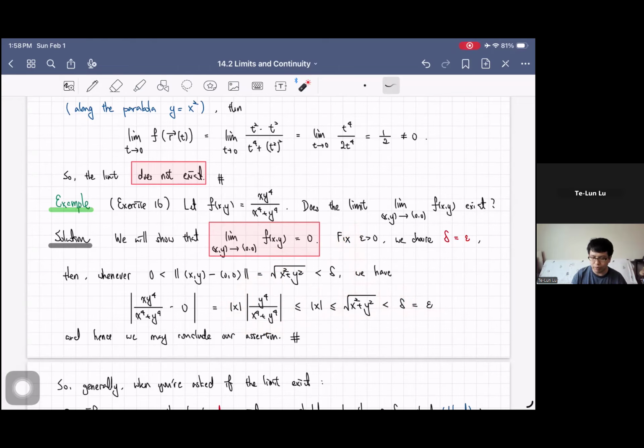So everything boils down to this: whenever the distance between (x, y) and (0, 0) is less than delta, we always have the distance between the function and 0 less than epsilon. That means we actually have the limit of f of (x, y) being 0 by the definition of the limit at a point for a multivariable function, right?